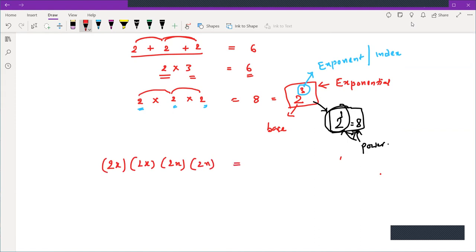What's the result? We'll write the number which is multiplying in the base, and since both values are multiplying, we have to use the bracket. And how many times we multiplied, we'll represent as an exponent. So (2x) power 4.